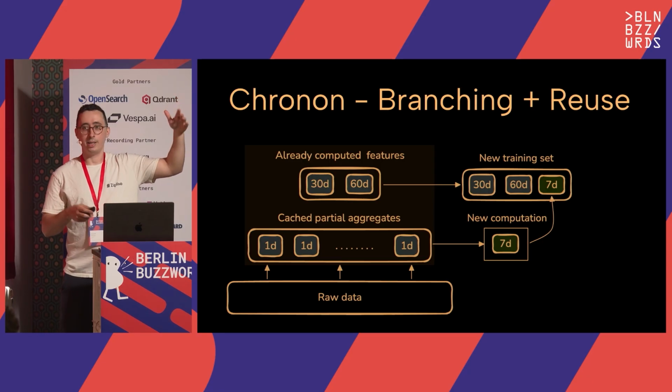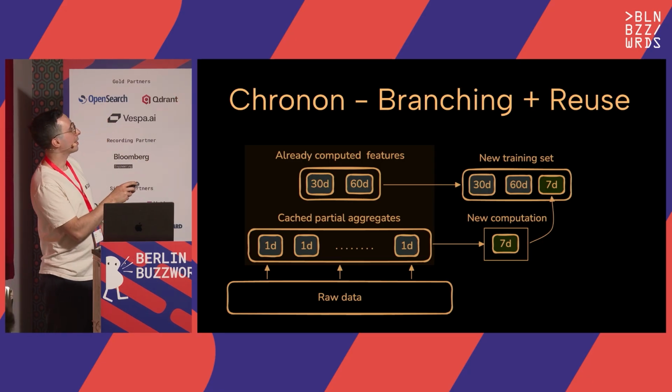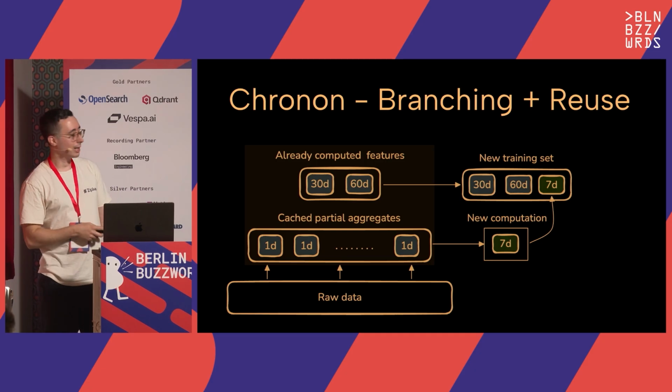Everything else is already computed. It's going to copy that data from the existing data set over so that these features are not recomputed, and it's going to compute this one. It's going to use the cached partial aggregate values to compute this one as cheaply as possible if they exist. If they don't exist, it's going to compute it from the raw data.